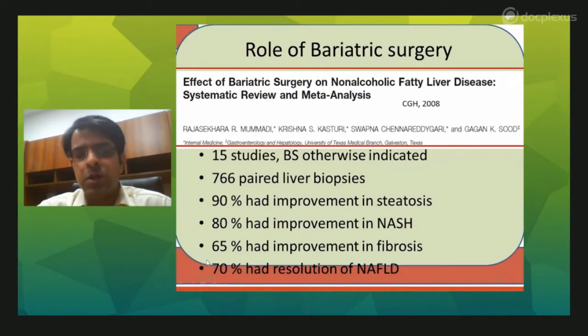So the sheer degree of weight loss that you can achieve through these bariatric procedures has been shown to resolve the fibrosis also. But having said that, bariatric surgeries have still not become a standard of care for just fatty liver. If there is just NAFLD, then probably it is not recommended to do bariatric surgery unless there are other indications for bariatric surgery.